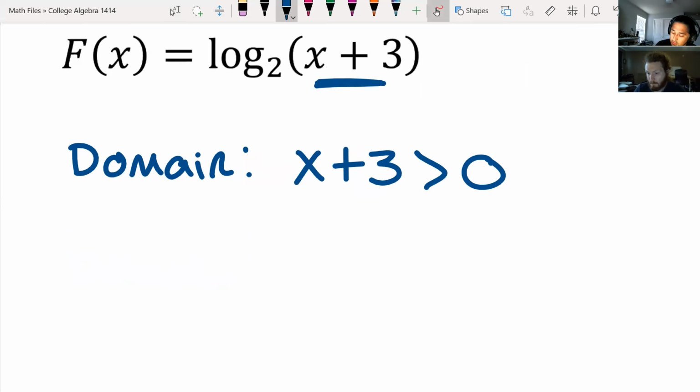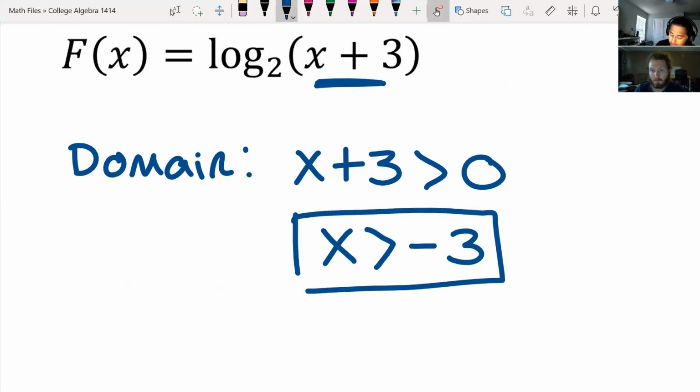And now all we have to do is solve for x. Here we get that x is greater than -3. So the domain for this log will be all values greater than -3.